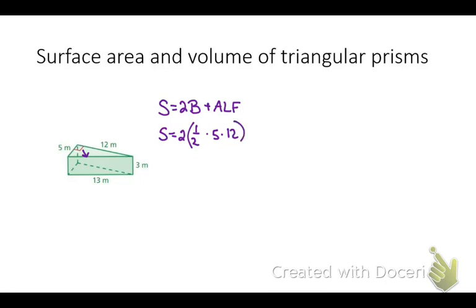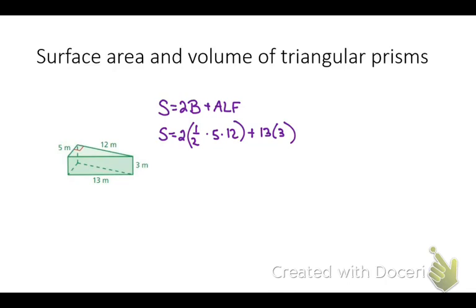So before we do that math, let's now talk about my lateral faces. Let's just look at this front face. What shape is this front face? A rectangle. So what would I multiply to find the area of that lateral face? I would do 13 times 3, right?